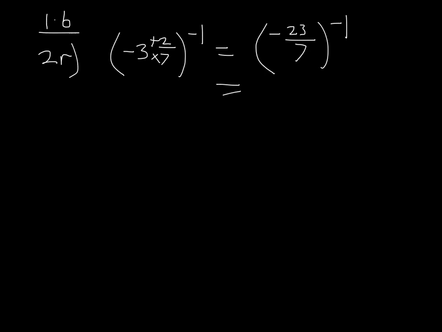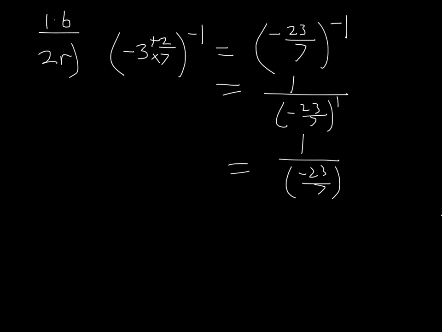Then all you do is you go 1 over minus 23 over 7 to the 1, which is just 1 over minus 23 over 7, which equals times 7 just equals 7 over minus 23.